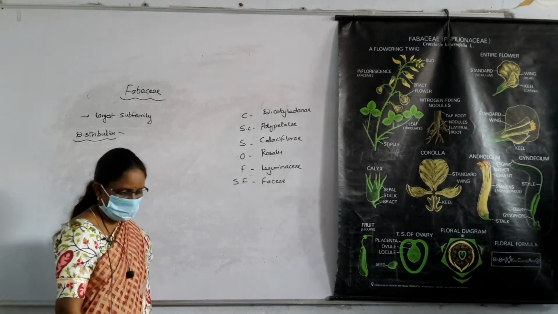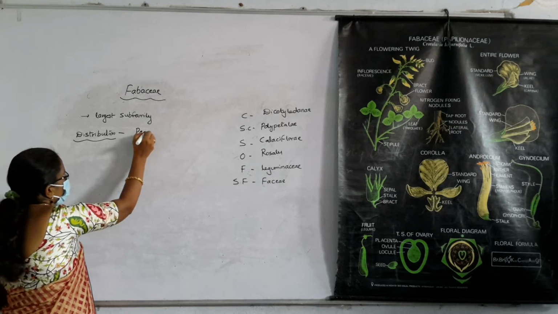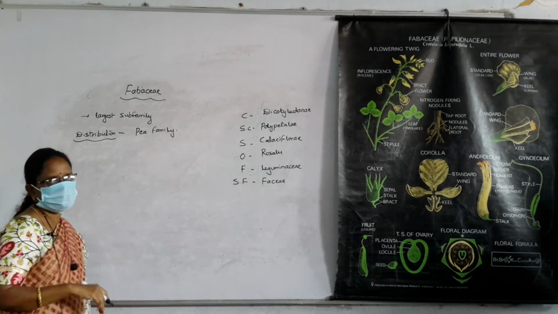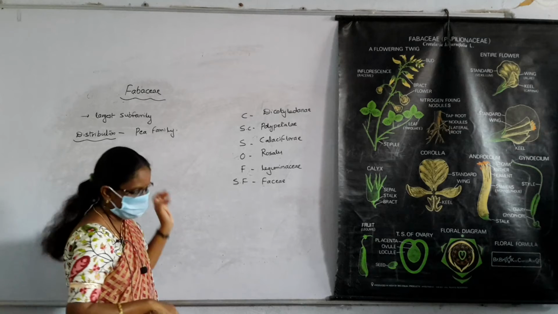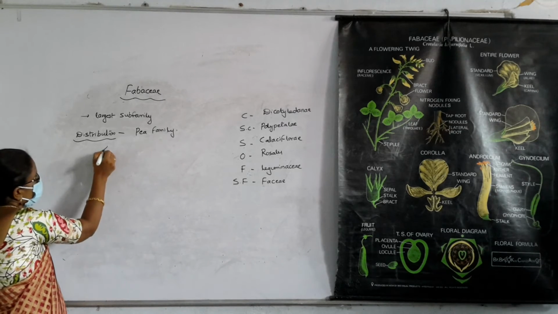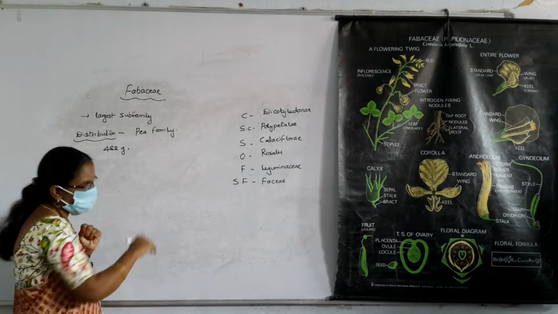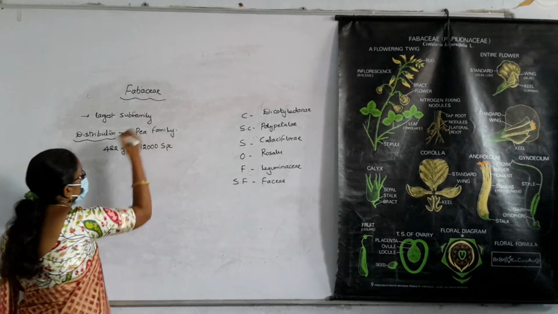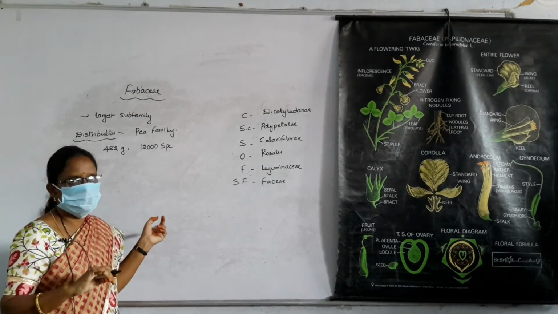It is also called the pea family, or peanut family. There are 482 genera and 12,000 species in this subfamily.